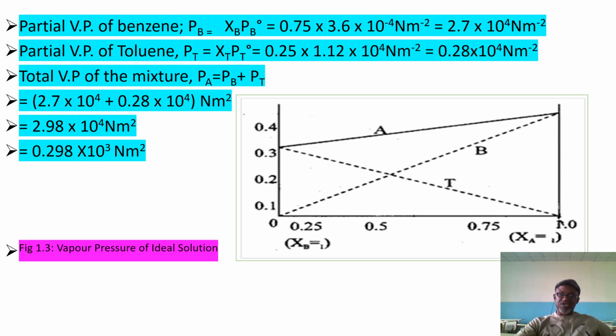For any solution that obeys Raoult's law, this is what you have: a straight line. There are deviations from Raoult's law. Once there are deviations, this straight line will no longer be there. It can be concave or convex. That is, this line will be a curve because of either positive or negative deviations from Raoult's law.